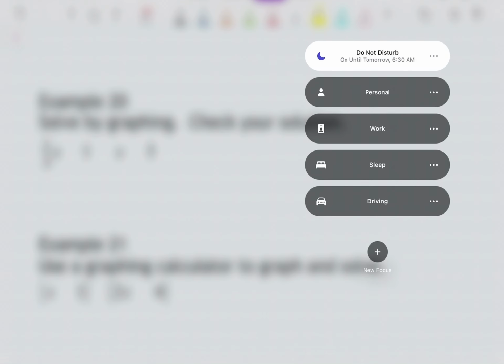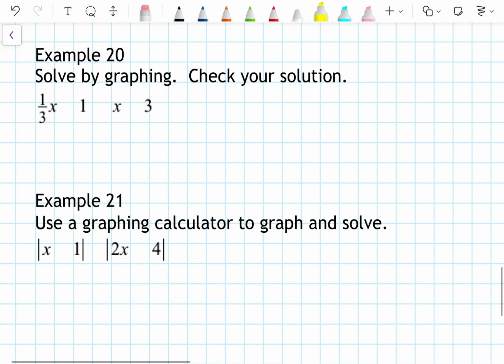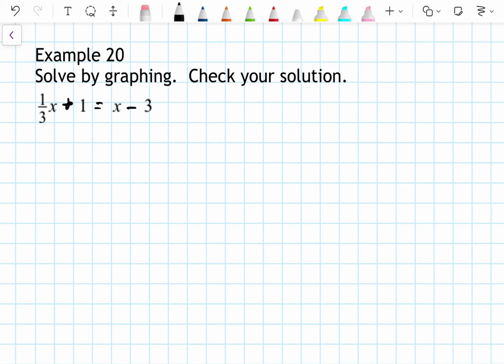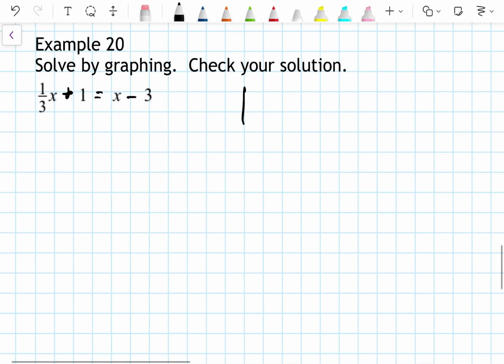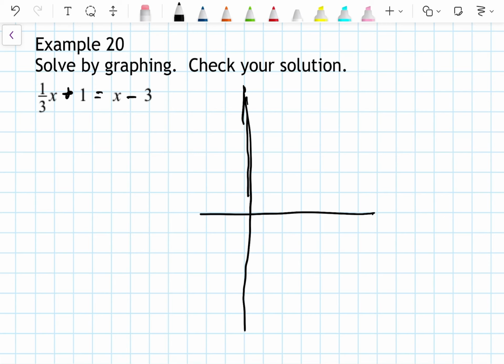Example 20. Example 20, this would be 1/3 x plus 1 equals x minus 3. If I were to graph this, the left piece would have an intercept of 1 and a slope of 1/3.